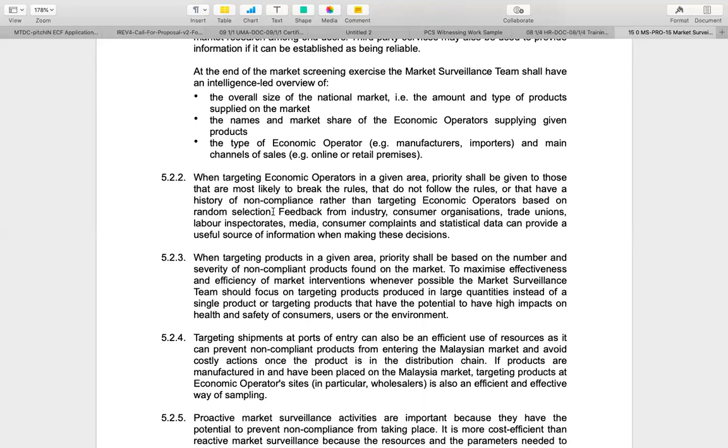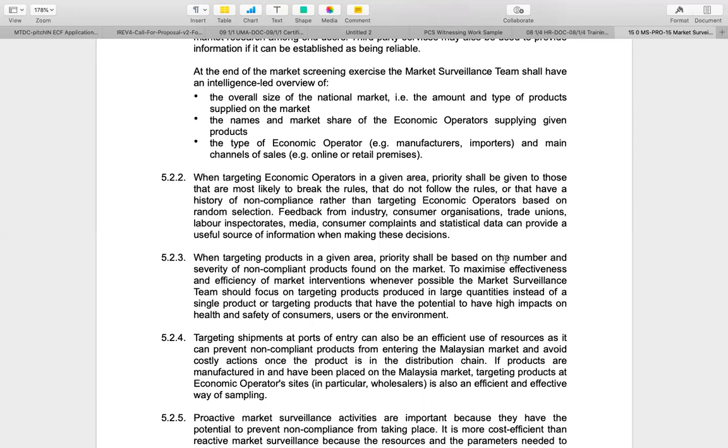We can also get feedback from the industry or the consumer organizations, trade unions, or media, or through consumer complaints and other statistical data. These are all valuable information for us to make decisions on where to conduct the market surveillance.